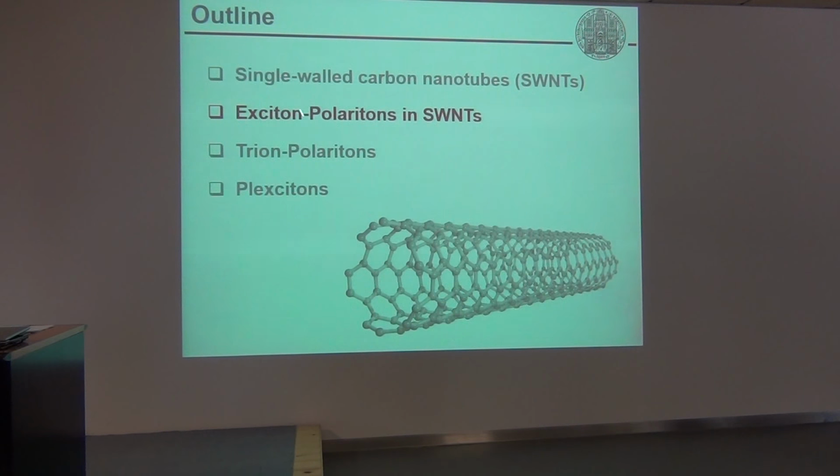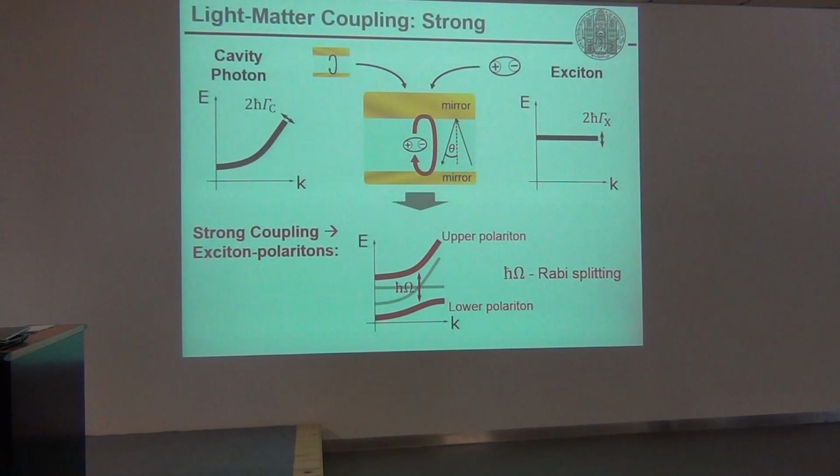But now let's go to the exciton polaritons. There has already been some introduction about polaritons, and we saw that a lot of you already know what it is. Very briefly, I will talk about polaritons in a Fabry-Perot cavity. We have two mirrors at a distance of maybe lambda half or lambda quarter, and so we have our cavity photon.